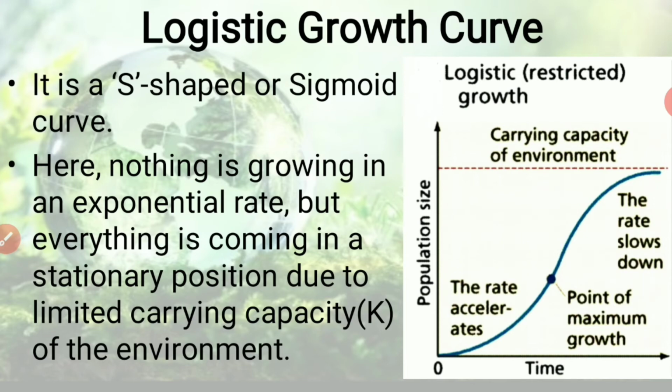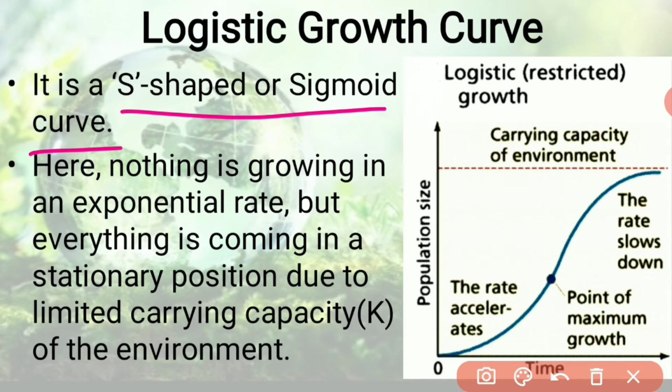The logistic growth curve is mainly a sigmoid or S-shaped curve, okay? Here nothing is growing at an exponential rate, but everything is coming to a stationary position due to the limited carrying capacity of the environment. Or I can say the resources are limited here, so the population cannot increase beyond the carrying capacity, okay?